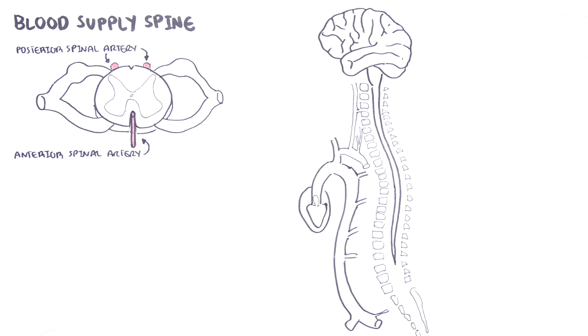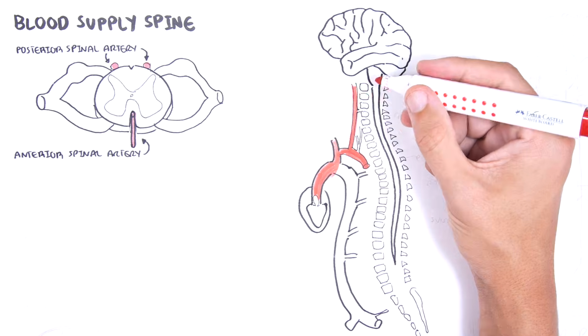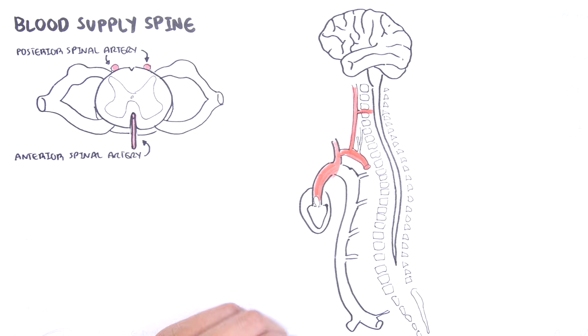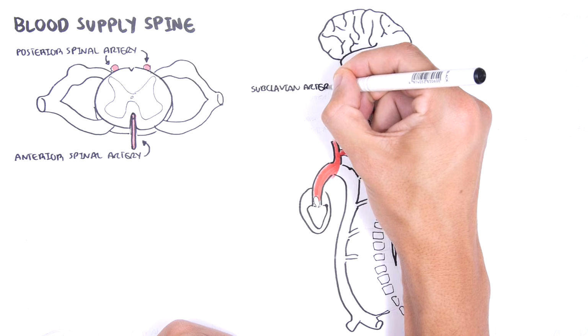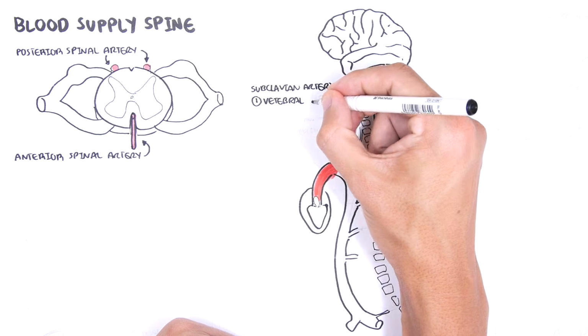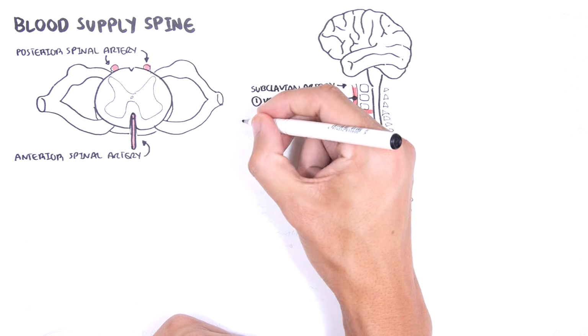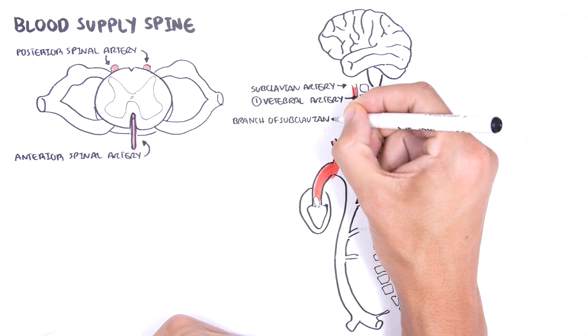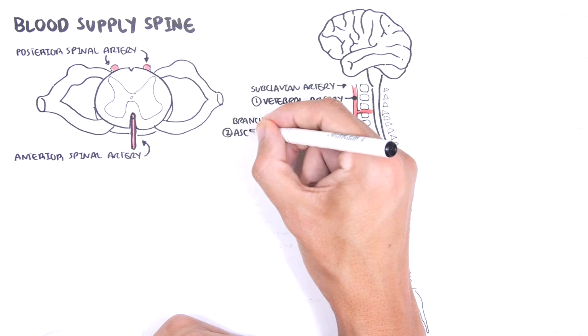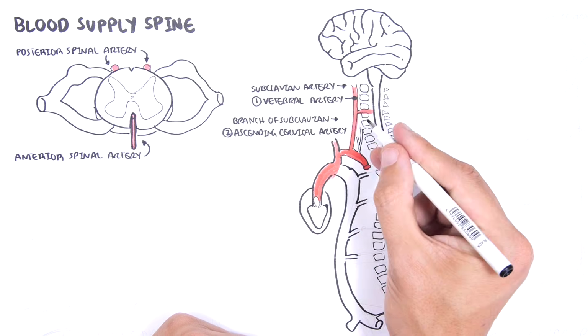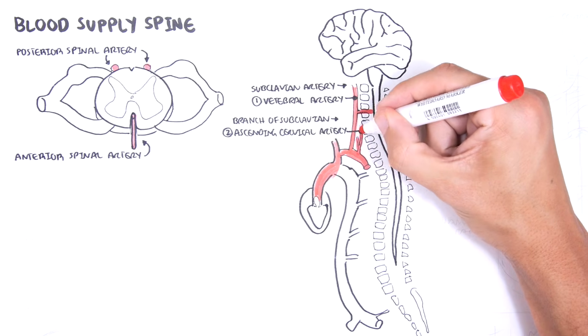So for example, in the upper spinal cord, the posterior and anterior spinal arteries arise from the vertebral artery, a branch of the subclavian artery. The spinal arteries also arise from another branch of the subclavian artery called the ascending cervical artery.